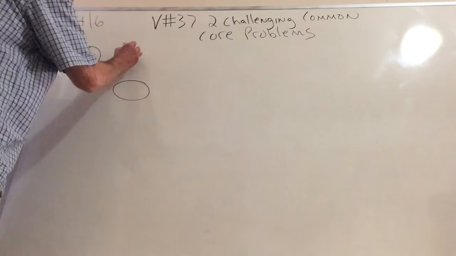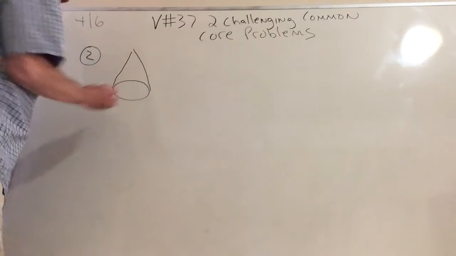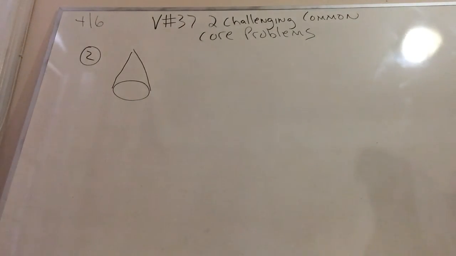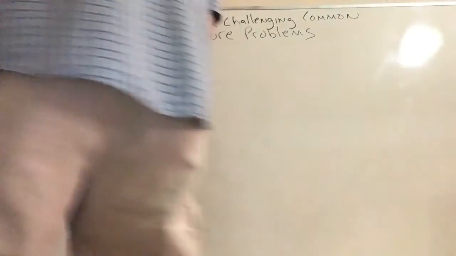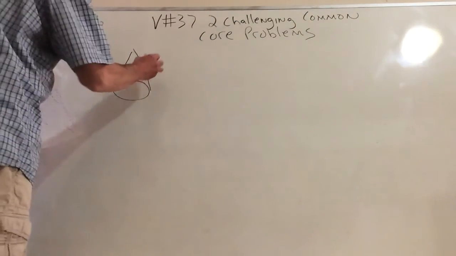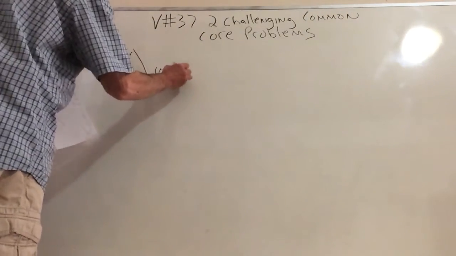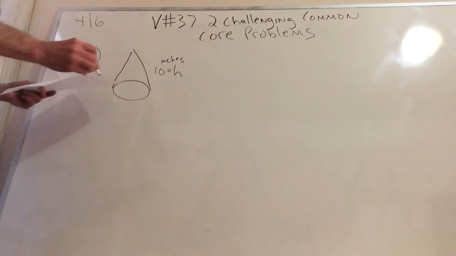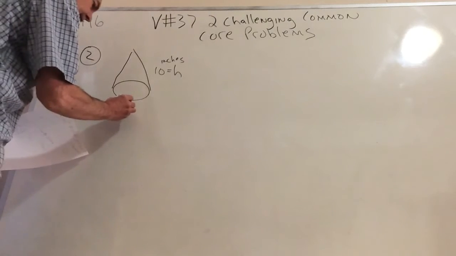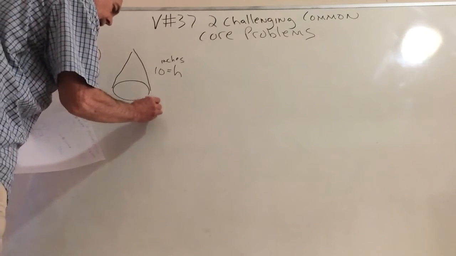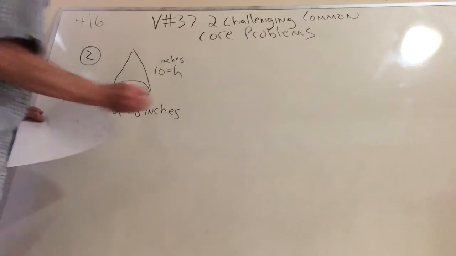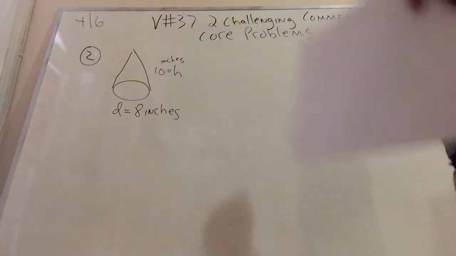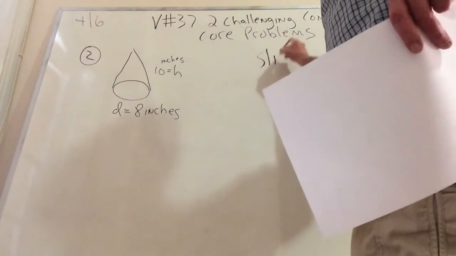I'm going to make a cone here, and I'm going to give the cone dimensions so I can make the problem easy. I'm going to say the cone has a height of 10 inches, and a diameter of 8 inches. And now I'm going to introduce a word that the Common Core people like quite a lot, and it's a simple word.